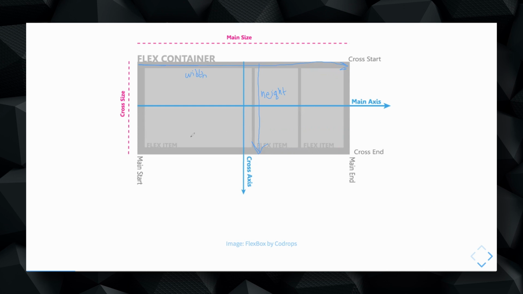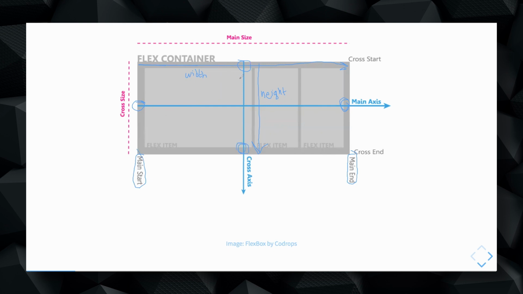And then we have the start point for each of these two. So we have the start point of the main axis, and we have the end, which is right here. You can see it says main start. And we also have the start point for the cross axis and the end point.